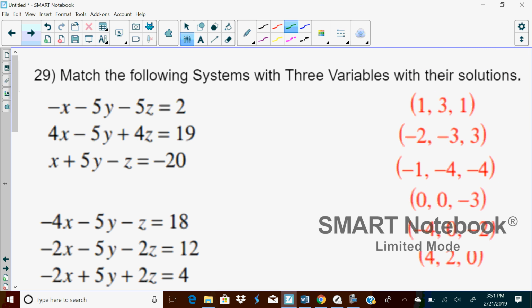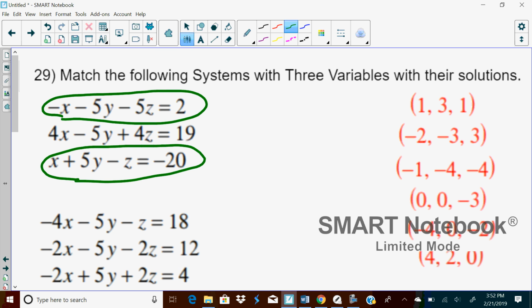Okay, so 29 had me matching the systems. To do this, I actually didn't solve the systems completely. I just solved for one of the variables, and then I used it to figure out which one matched. For the first one, I took the negative x plus 5y, took this one and this one, and added them together.